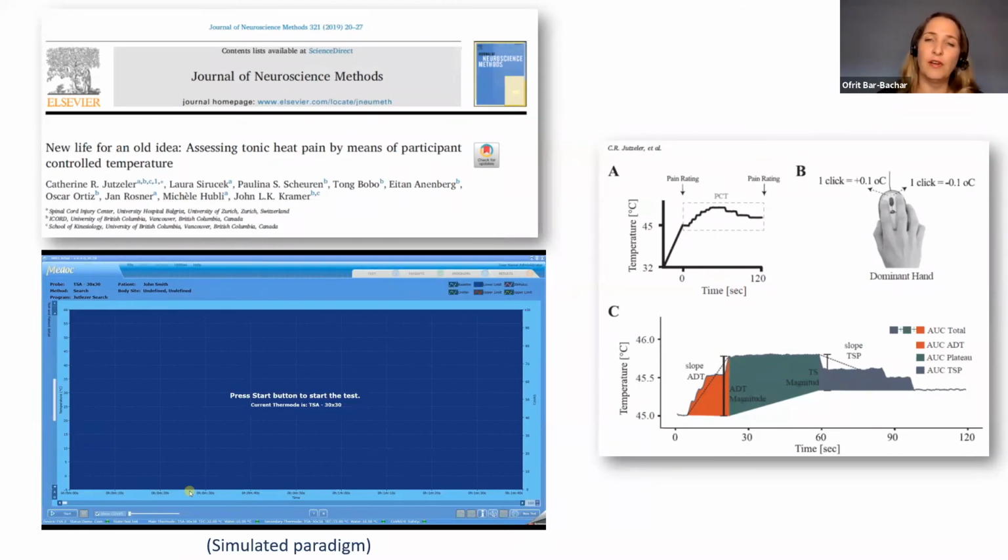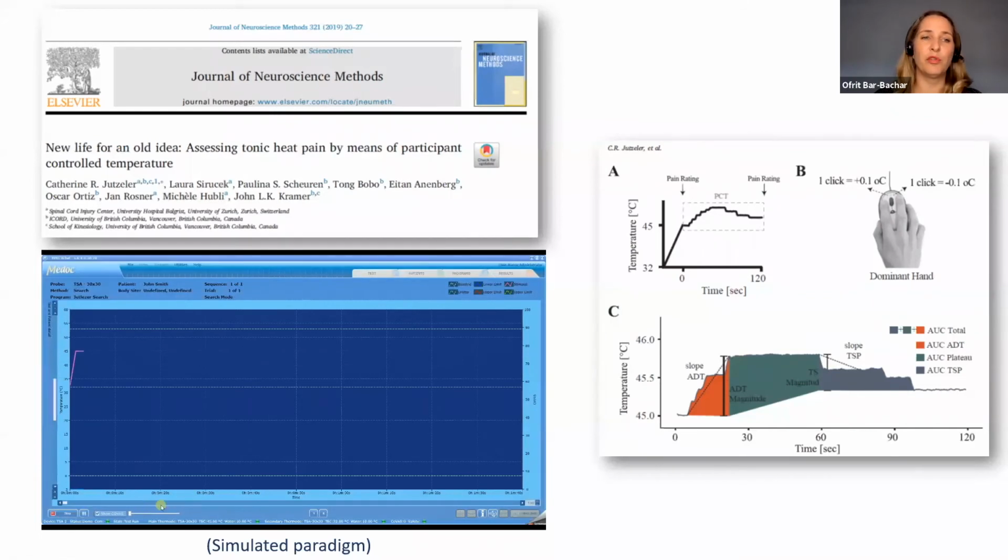And then they can click the right-hand side, and the temperature will go down by 0.1 degree. This way, they wanted to look at tonic temporal summation in a type of inverted pain rating. So they don't ask the patient to rate their pain, they ask the patient to stay at the same pain intensity. I just want to show you how this works technically.